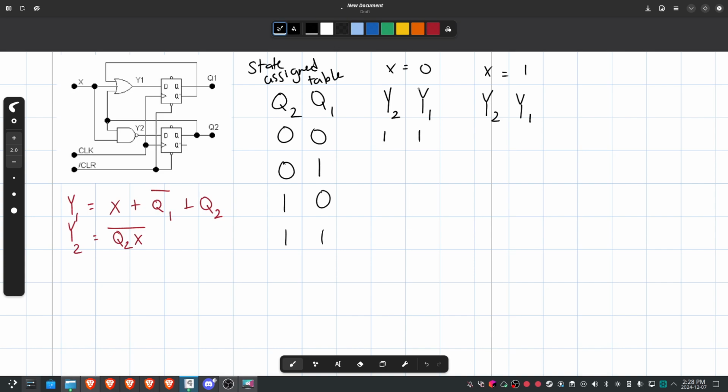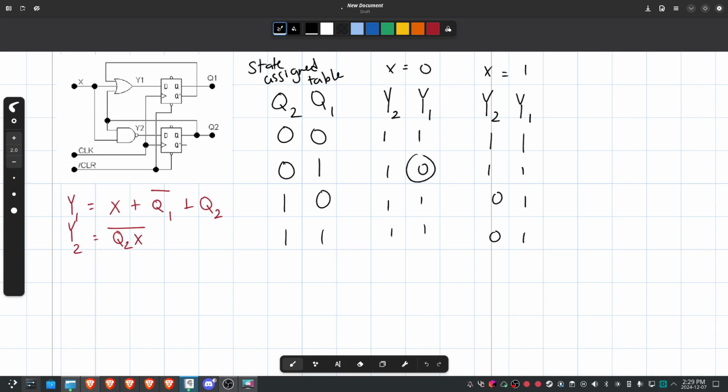And I hope you know how to do this. So once again, we have X1, Q2 0, Q1 0. That's going to be 1, 1, 0. That's 1. Y2 is still going to be 1. And you can start moving your way down. I'm going to skip this part because you should be able to figure this out. So we have a lot more ones and zeros.